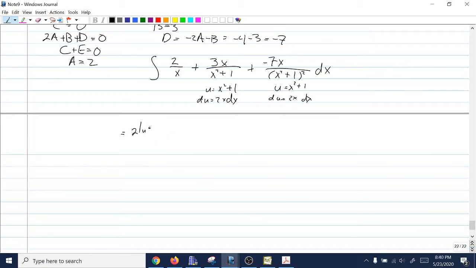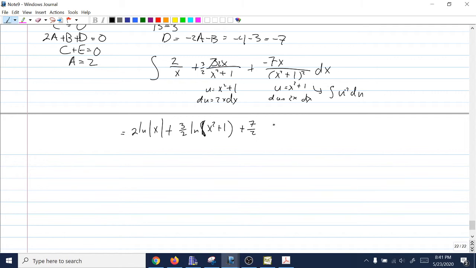Can I do this in my head? I'm going to put a 3/2 out here to make that a 2. So now I'm integrating 1 over u. I'm getting natural log u. Let's make it minus 7 over 2. Now I get a 2. Now it turns into the integral of u to the negative 2.